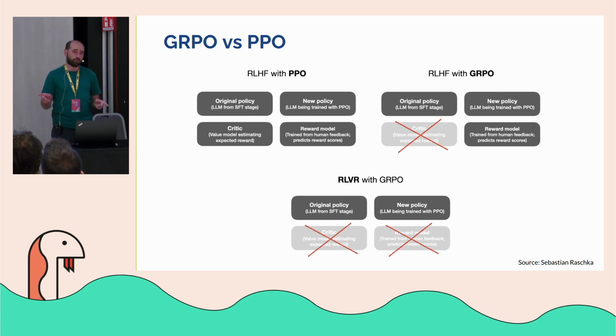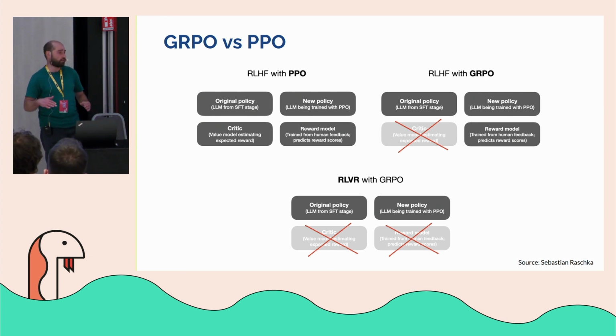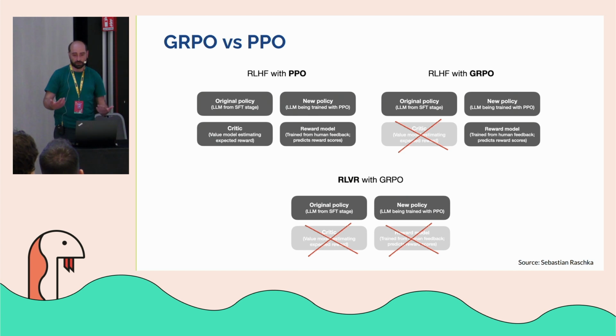But if your domain is verifiable, like math, and you can use a deterministic reward function, you can totally get rid of the reward model. So you end up with just 2 models, and this is simpler, more efficient, and this is one of the reasons why this works, why this can scale, and also practitioners can use this.